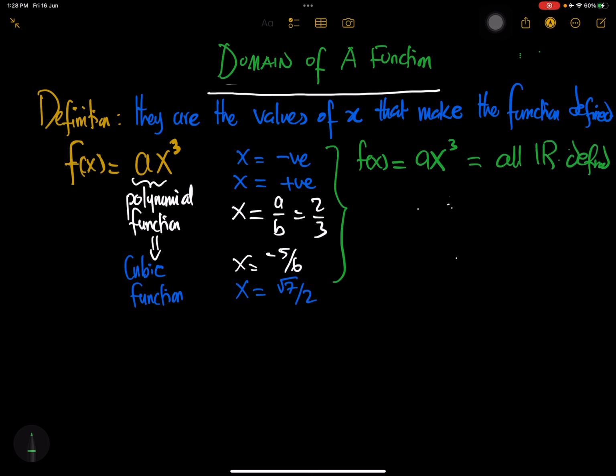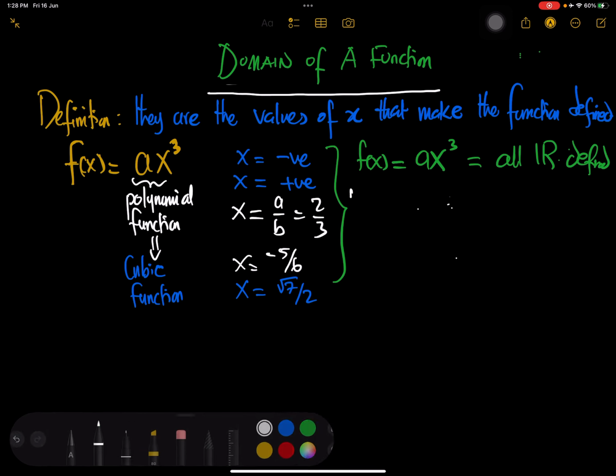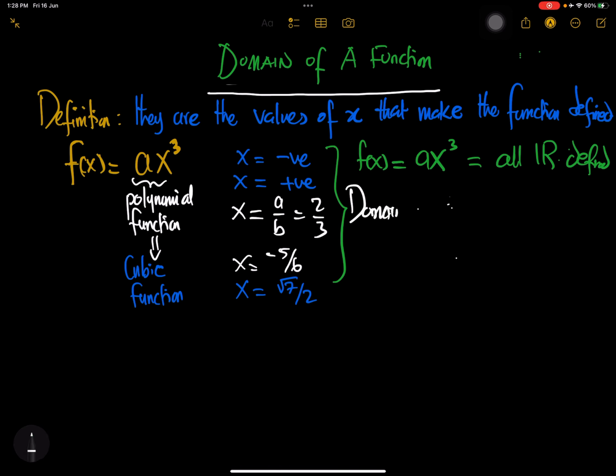And therefore, to write that, we'll say that the domain of this function is x, such that x belongs to, is a member of, all real numbers. There is no exception. All other numbers fall under this particular function, and they all make the function defined.